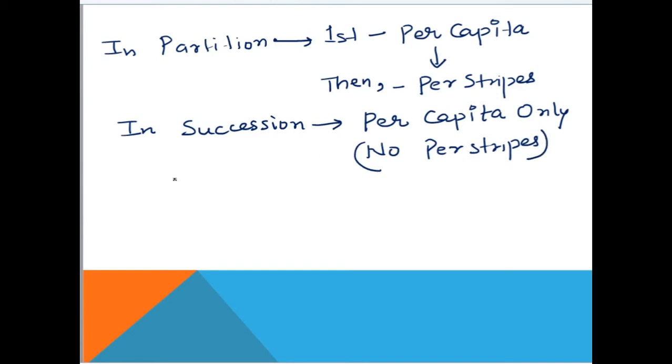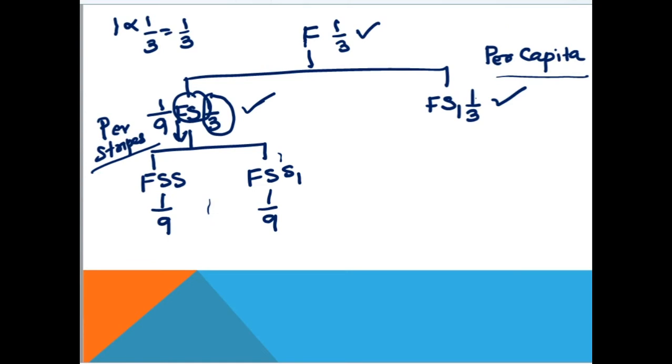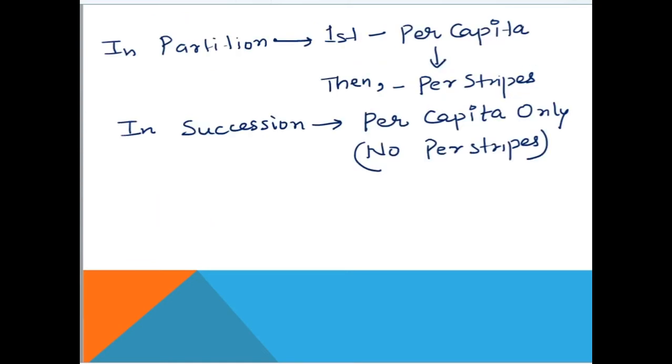Now let's understand by examples what is the difference between partition and succession as regards the per capita and per stripes rule. Now let's take another example.